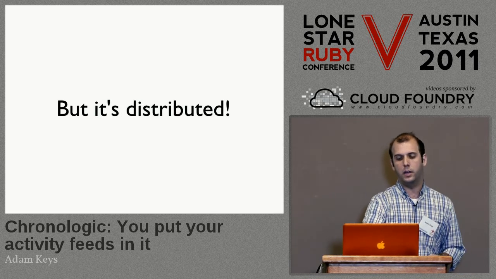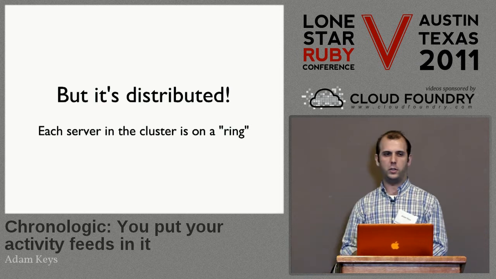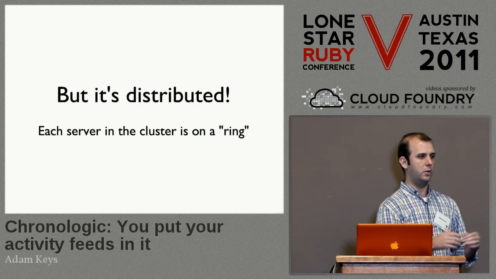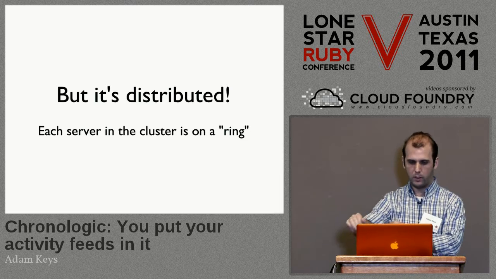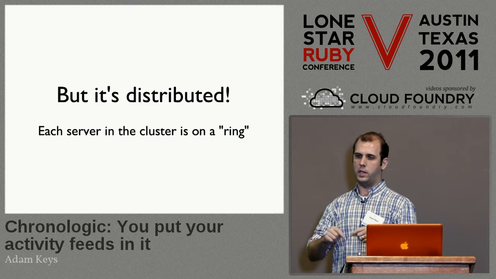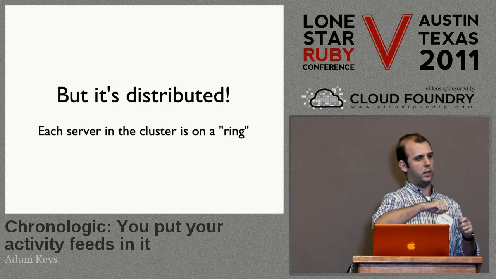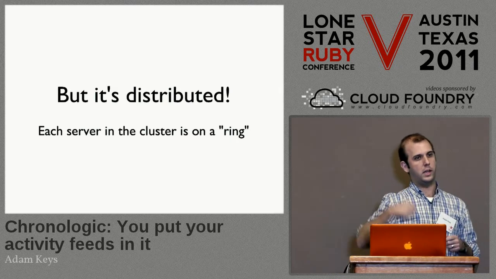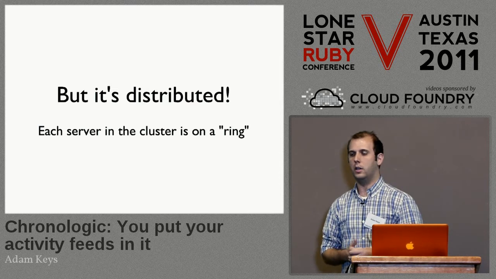But the great thing about Cassandra is it's distributed. None of the nodes are special. Any one node can go down, and no one has to wake up in the middle of the night. Each server in your cluster is arranged conceptually on a ring, and every server knows about who the next servers are on that ring, and that ring is used to locate data on the cluster.